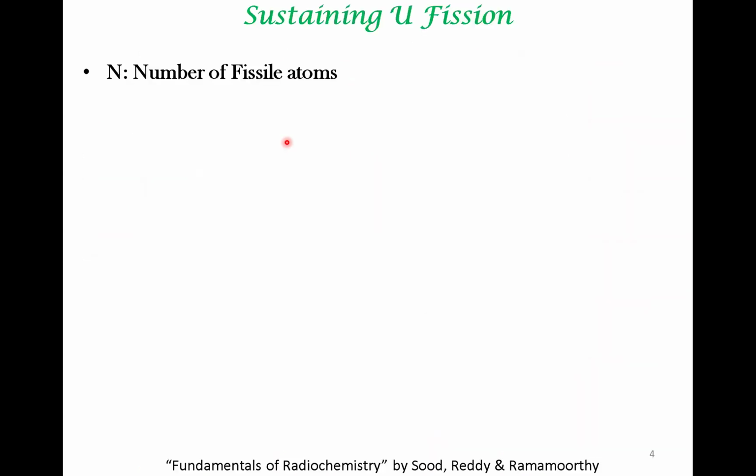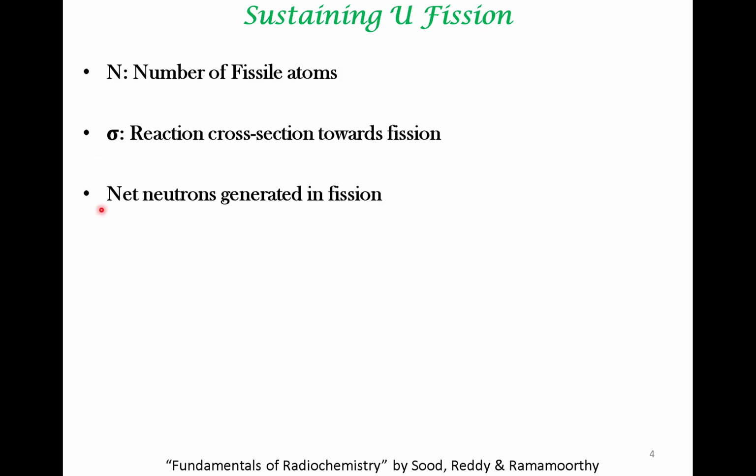So in order to sustain a U-235 reactor, let's say once you've initiated it somehow, you want to sustain it. The sustenance depends upon the number of fissile atoms present in the reactor and the cross-section towards fission. The higher the cross-section, the greater is your chance of sustaining uranium fission, and the net neutrons that are generated in fission.